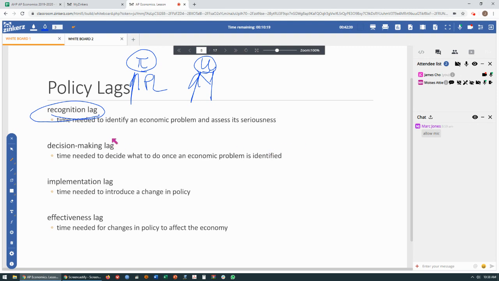We have decision making lags, meaning once we figure out what the problem is, it takes a little bit of time to decide what to do, for no other reason than, at least in the US, this has to go through Congress. You have the Democrats, you have the Republicans, and so many times they do not agree on what the government should do.